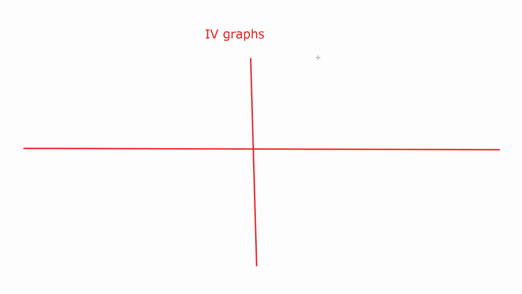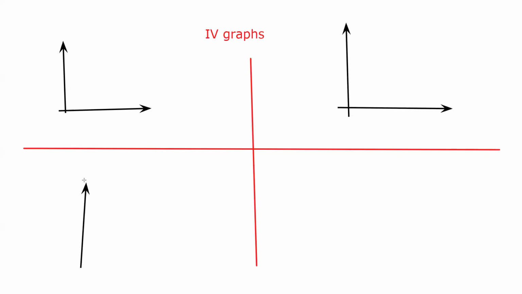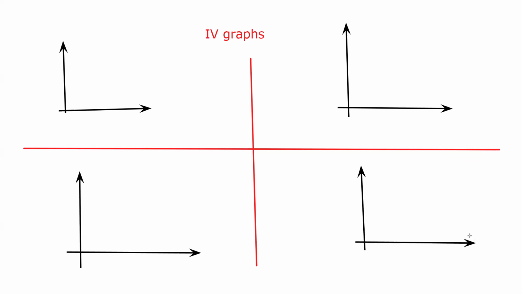So for an IV graph, we can sketch a graph for four different components. Current is on the y-axis and voltage is on the x-axis, or it can be the other way around, and the shape of the graph will be different.